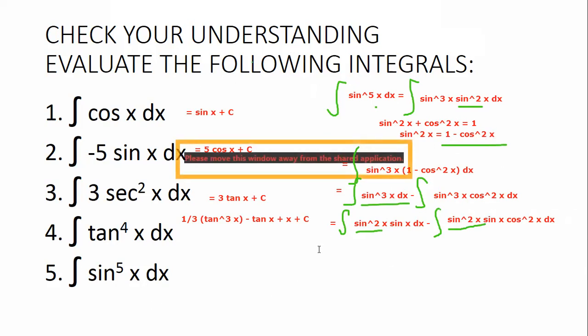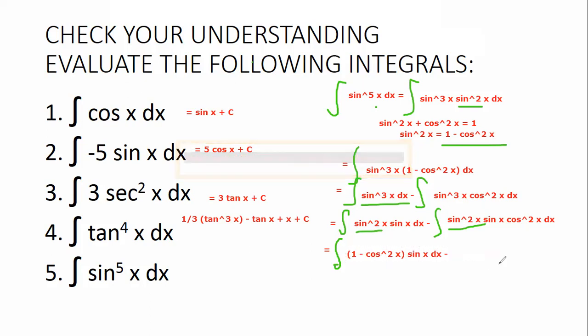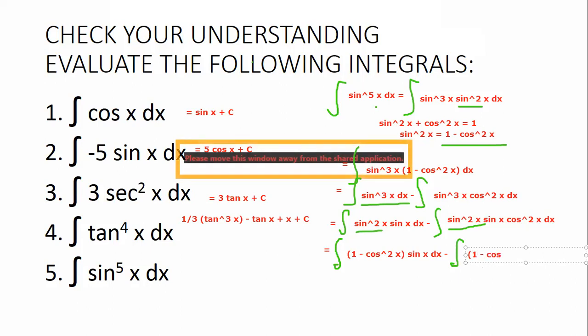1 minus cosine squared x. So this will be the integral of 1 minus cosine squared of x, sine x dx, minus the integral of 1 minus cosine squared x times cosine squared x sine x dx. Okay, so this will be a longer equation.